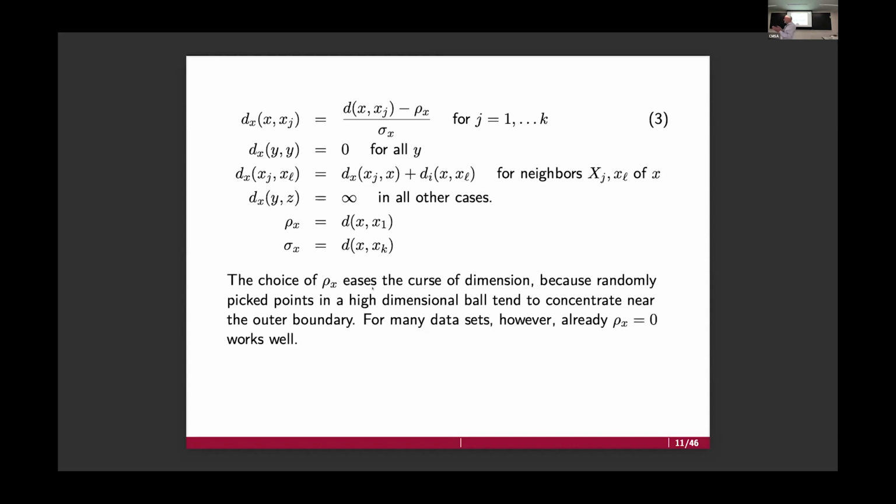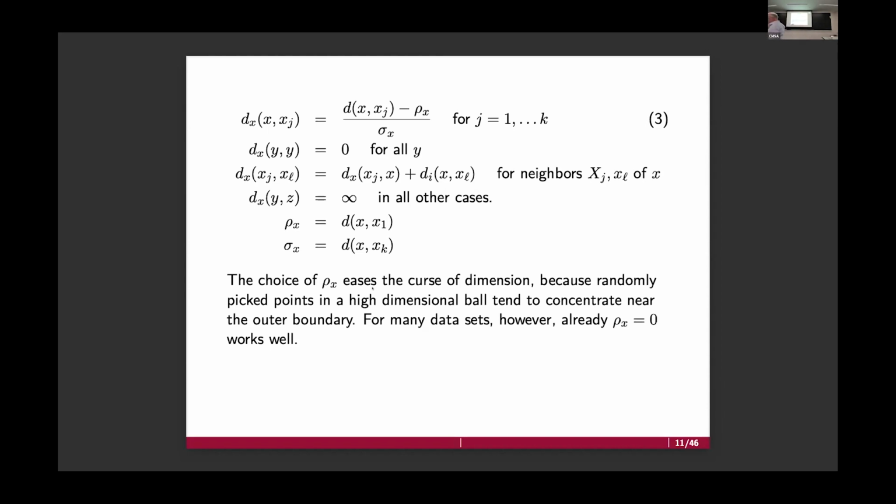In other words, in high dimensions, the distances from the center to the k nearest neighbors are very, very close to each other typically, because the points are sitting close to the boundary. And therefore you may want to subtract the distance to the first nearest neighbor. The resulting distance between x and x1 will be 0.